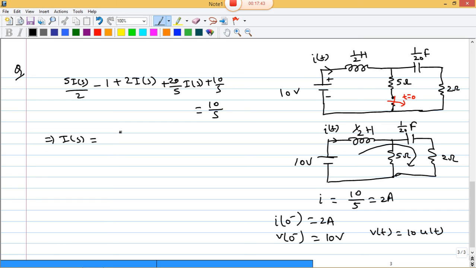So I(s) will be 2s by s squared plus 4s plus 40. So this is the Laplace of i(t). So i(t) we can find out using inverse Laplace transform, using the partial fraction method.